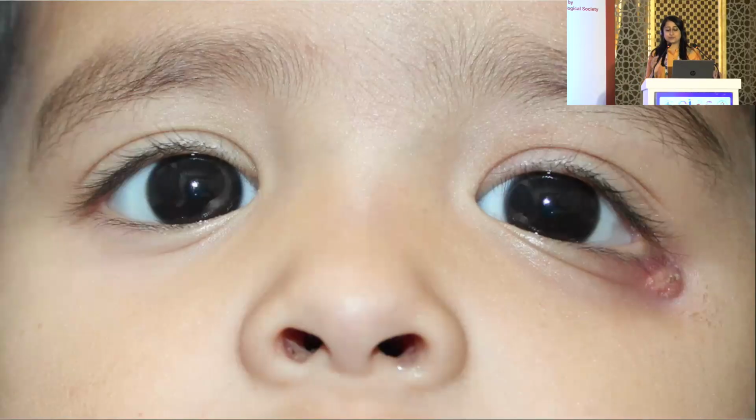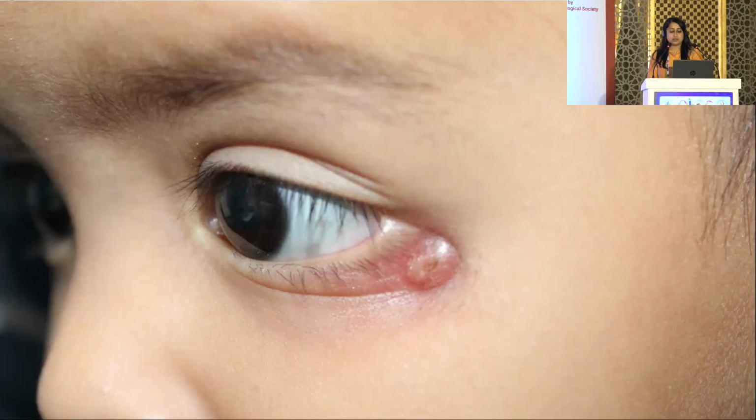Okay, perfect. So, you see a child over here. This is a 1.5-year-old child who presented to us after some prior treatment. The treatment the child underwent was incision and drainage, and presented with this picture.